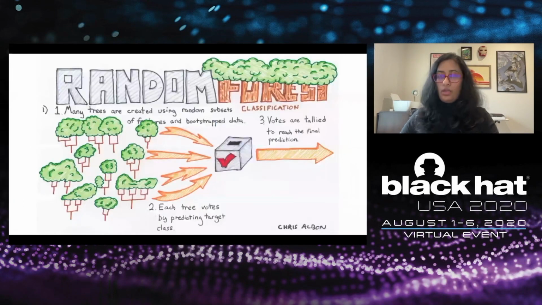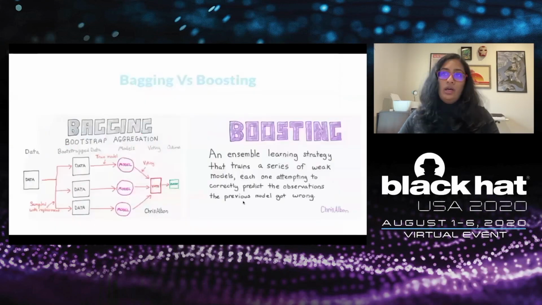All right, the next one is random forest. It's an ensemble method where multiple decision trees are created using random subsets of features and bootstrap data. Each decision tree then votes by predicting the class. The votes are then tallied to reach the final prediction. Before seeing the next model, which is XGBoost, which also performed the best for us, let's see the basic behind-the-scenes difference in concept for both these models.